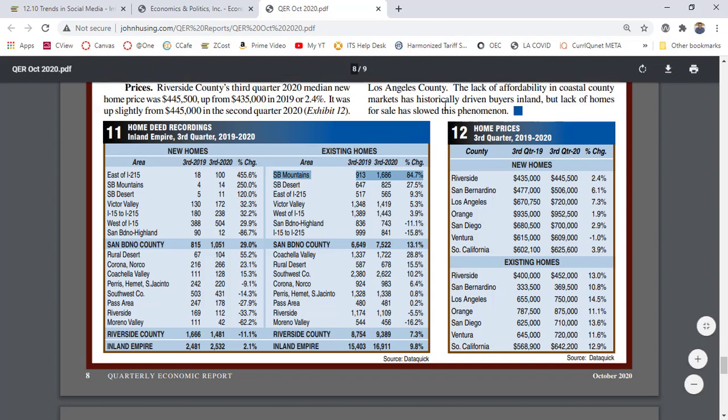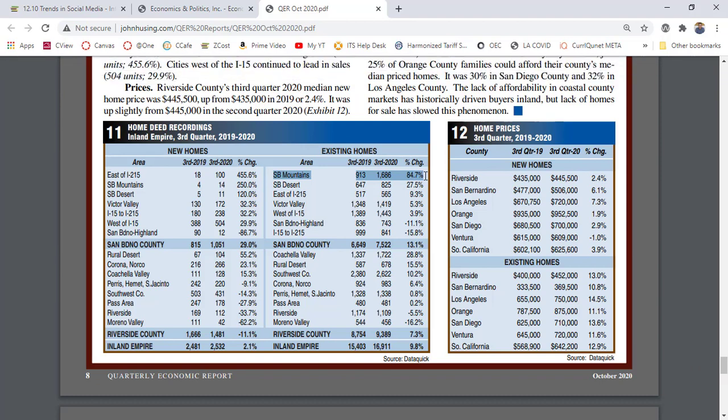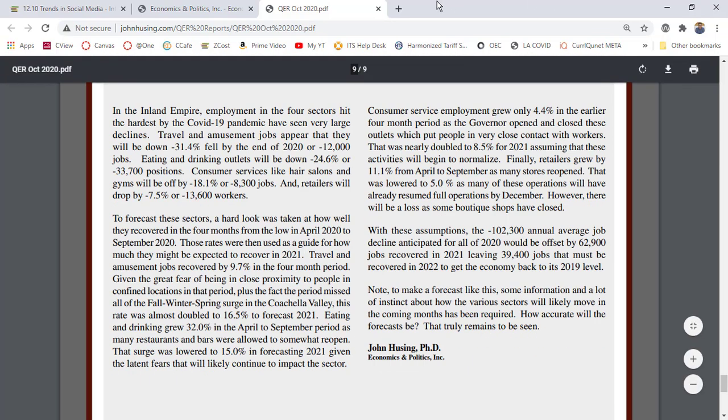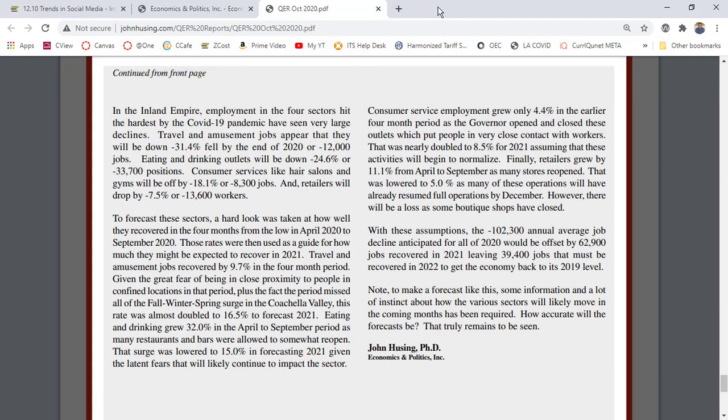People have been moving up to the San Bernardino Mountains. They're buying houses in Wrightwood. 84% increase. That's the highest increase in the Inland Empire for existing homes, by the way. This is the movement for that, and this is where the drop is. Anyway, just some stats here that I think are worthy of checking out.